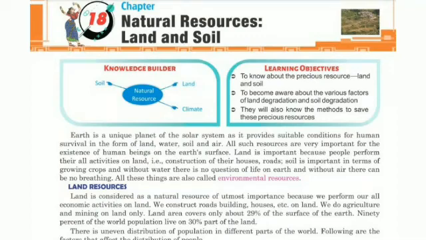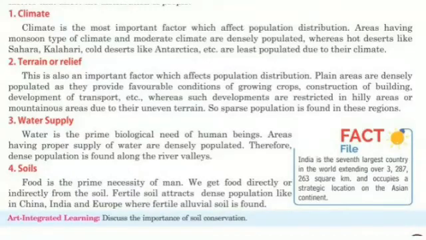Soil is important for growing crops, and without water there is no question of life on the earth, and without air there can be no breathing. All these things are also called our environmental resources. So among these environmental resources, the most important resource is land.